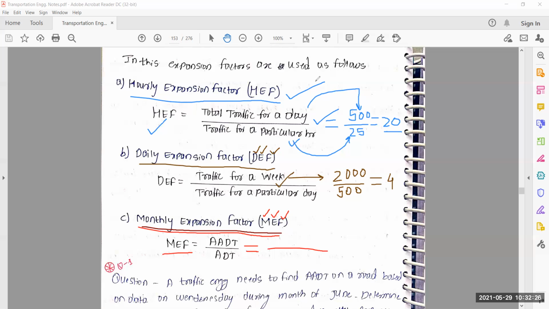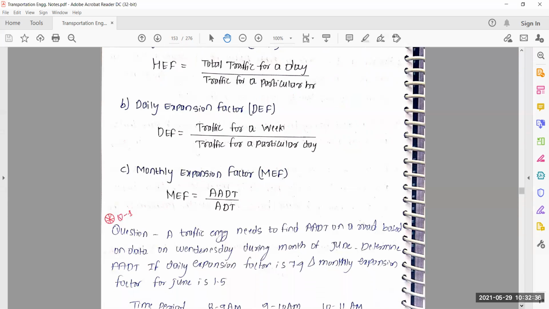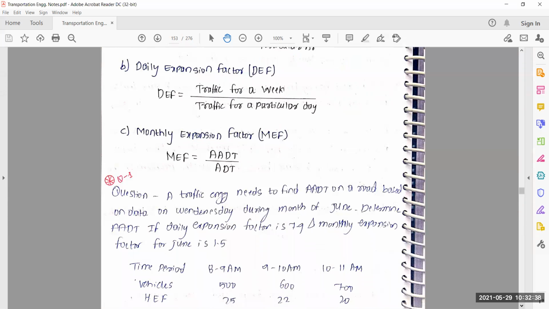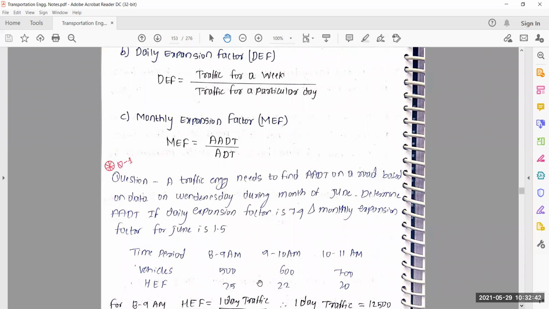So let's start the problem. This is our problem. Everyone solve this problem.